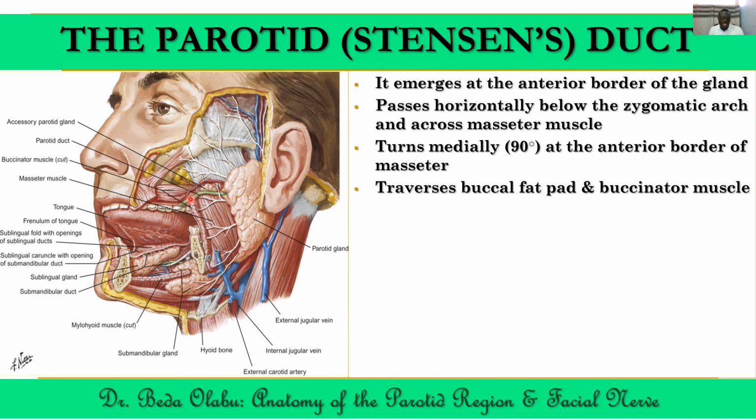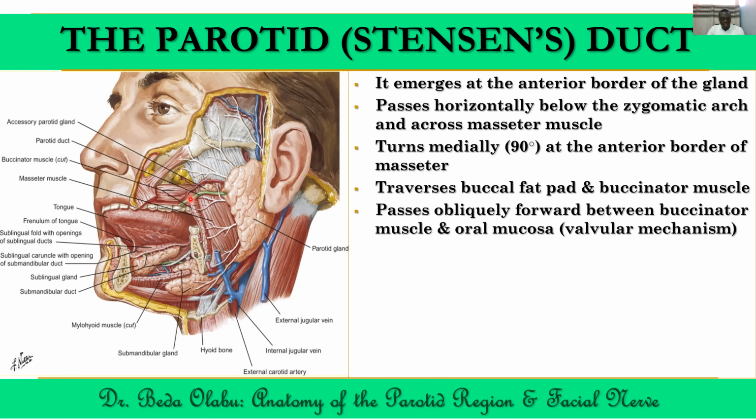The point at which it pierces the buccinator muscle actually corresponds with the crown of the third maxillary molar tooth. It's the same level, the crown of the third maxillary molar tooth. However, after the duct has gone through the buccinator muscle, before it pierces the oral mucosa, it does something very unique.